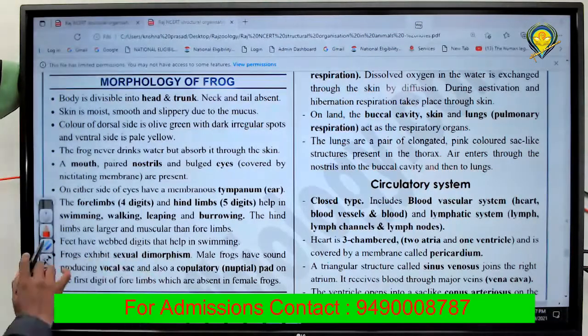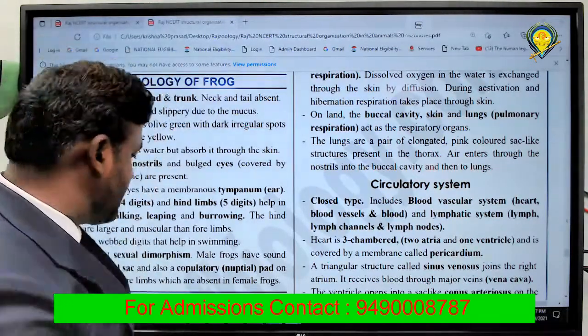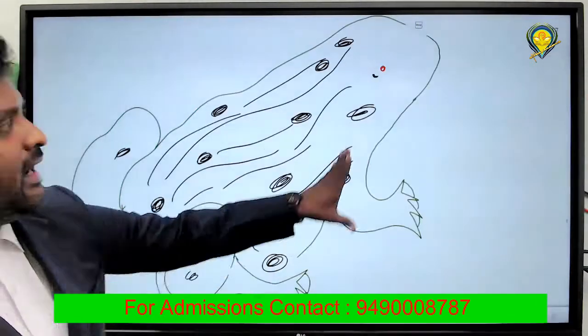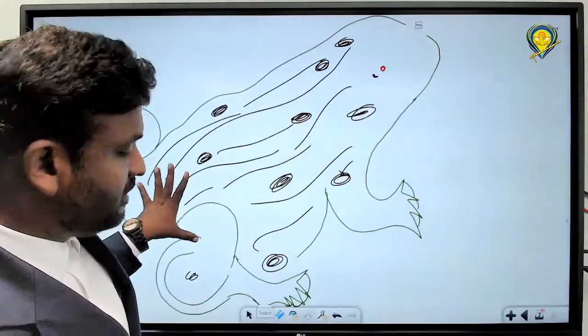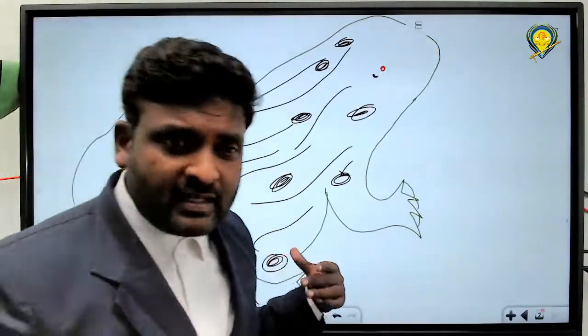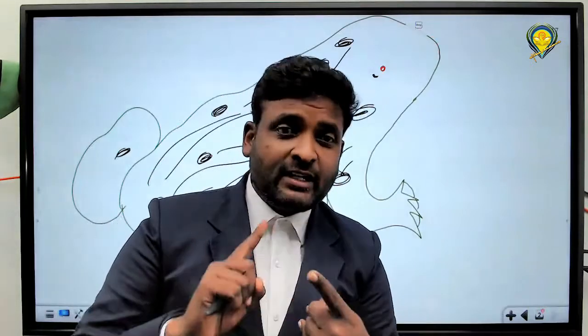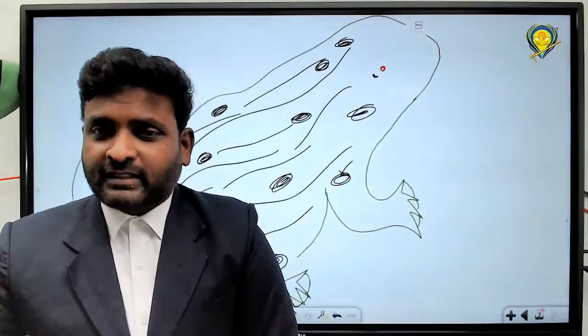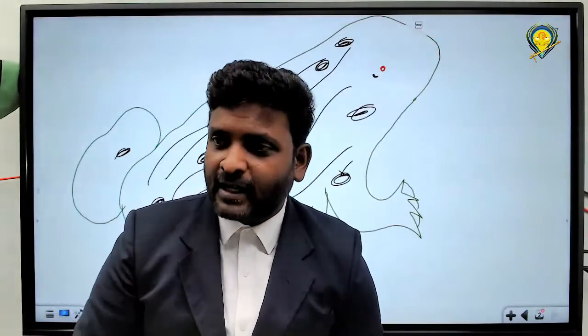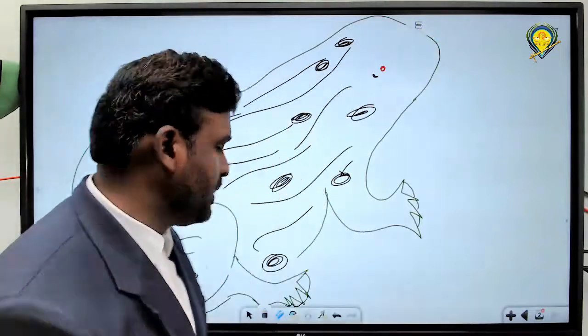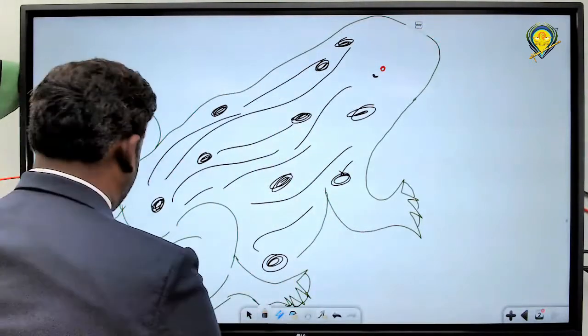And next one, what is the body division? Based on the diagram, you have to find out. Head is there. And next one, what? Trunk. Head and trunk is the body division, right? Please mention it, a very important point.